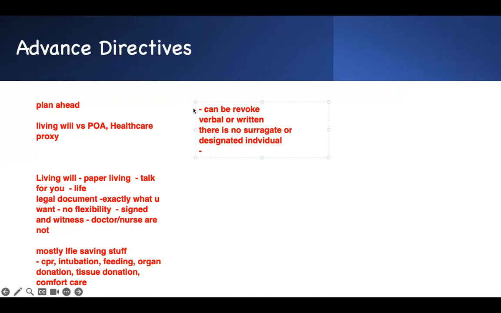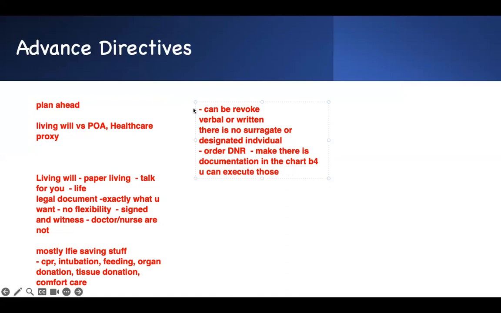If the doctor writes an order, there's a few things you need to do with the nurse. You make sure there is documentation in the chart before you can execute those orders.